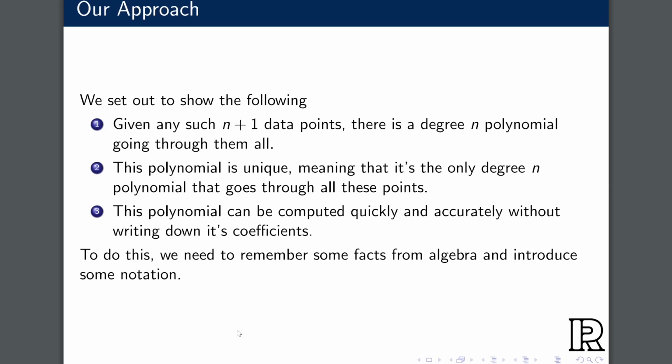Two, I want to show you that this polynomial is unique. If I give you n plus 1 points, there's only one degree n polynomial going through all of them. And three, that this polynomial can be computed and evaluated quickly and accurately without ever writing it down in the standard form that you've learned polynomials in.